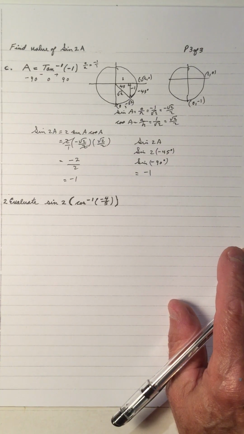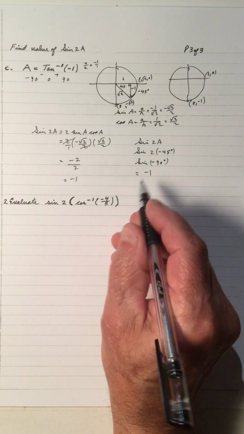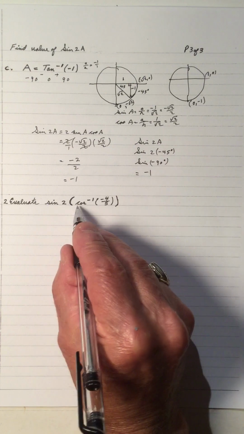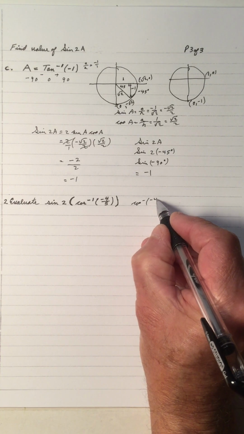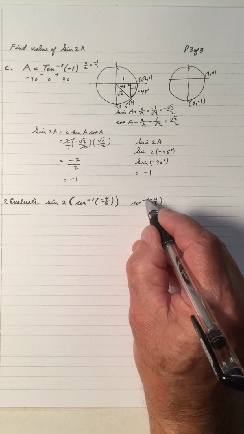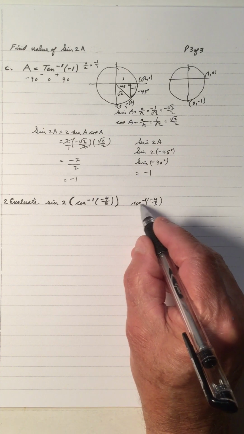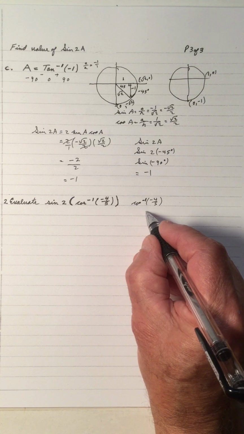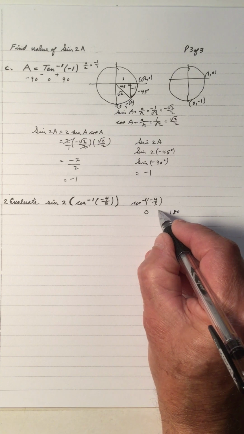Number 2, evaluate the sine of 2 times cos to the negative 1 of negative 4/5. So we have a cos to the negative 1 of negative 4/5. Inverse cos of a number gives us an angle. The inverse cos is defined from 0 to 180.